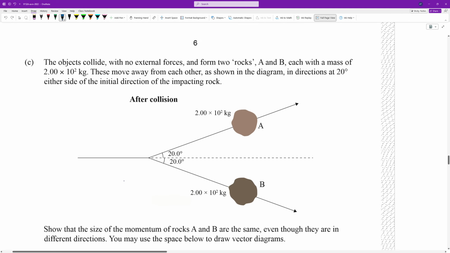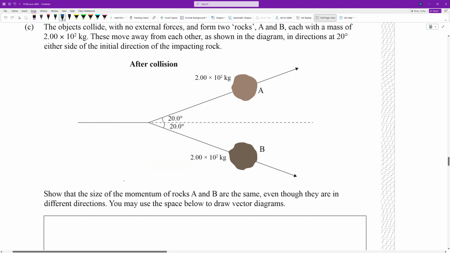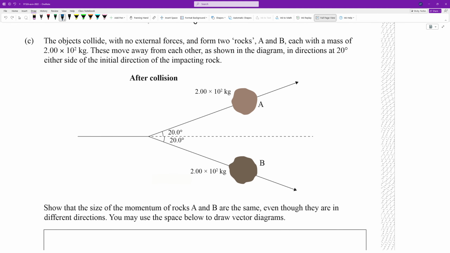All right, on to part C. Okay, they finally collide with no external forces. So what should you be thinking? You should be thinking momentum is conserved. Cool. And they form two rocks, A and B, each with the same mass of 200 kgs, and they move away with 20 degrees north and south of the horizontal.